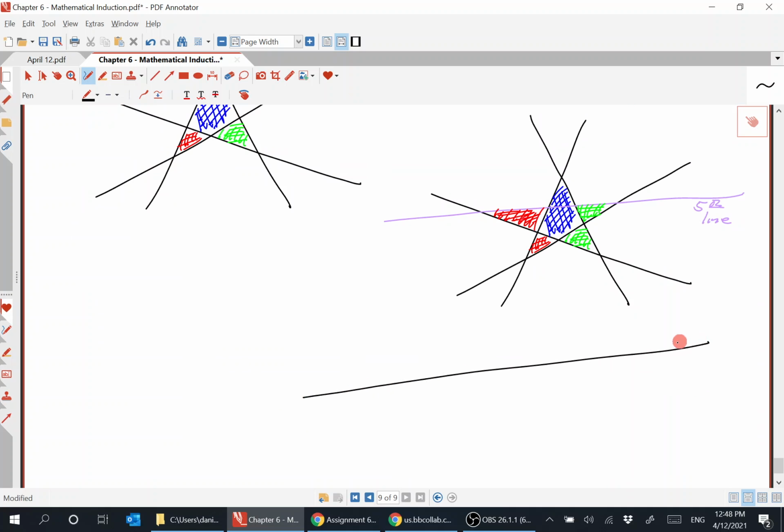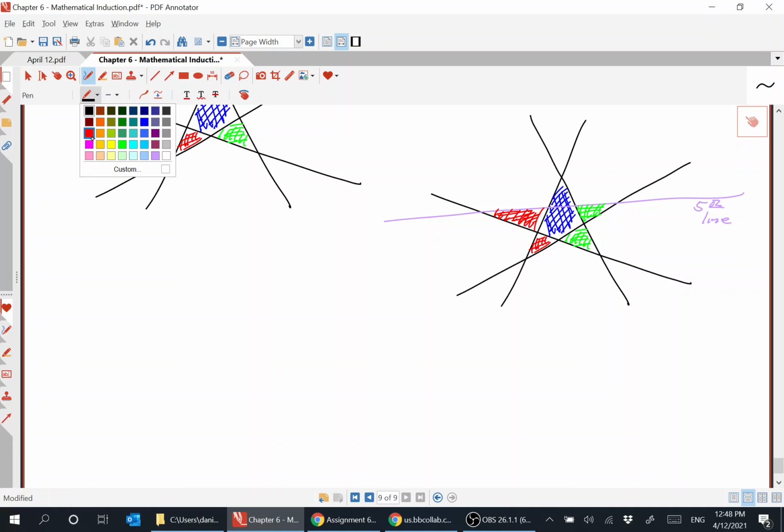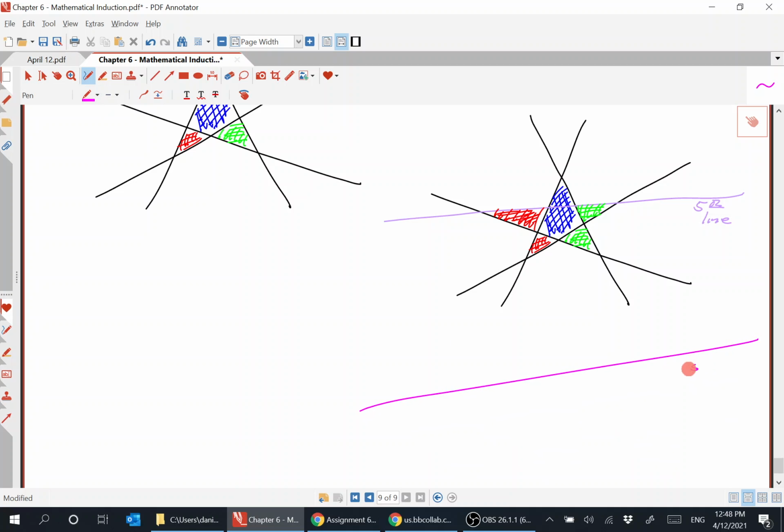All right, so here's the 5th line. Yeah, that's the right color. That's the wrong purple, but it's all right. Here's the 5th line, right? And here are the intersection points. Intersection 1. Intersection 2. Intersection 3. Intersection 4. Right?